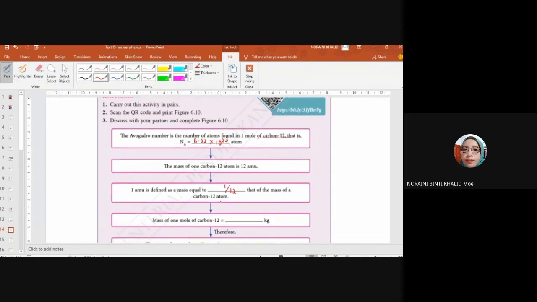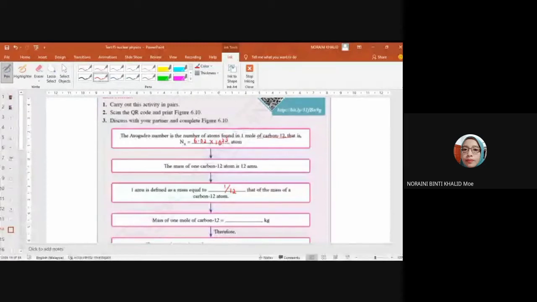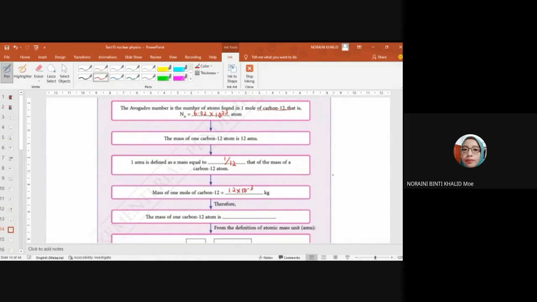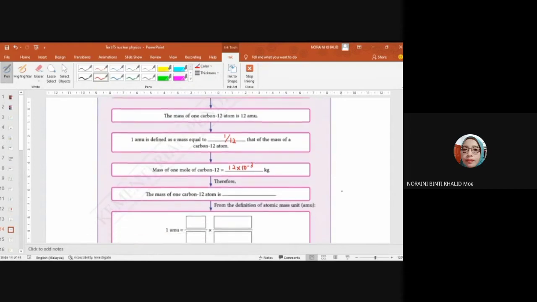Thus, the mass of 1 mole of carbon-12 in kilogram, therefore, the mass of 1 carbon atom is 12 × 10^-3 divided by the Avogadro number.